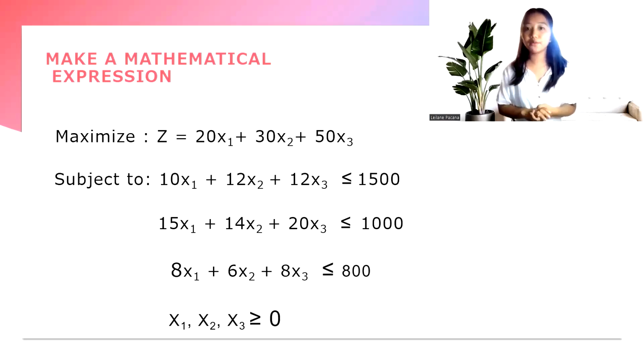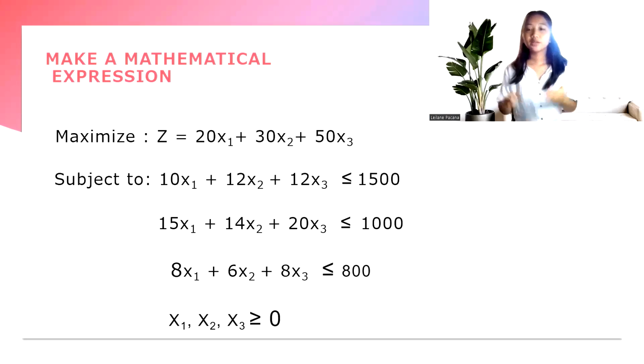This is for our second department, which is the cutting department. Now for our third, 8x sub 1 plus 6x sub 2 plus 8x sub 3 is less than or equal to 800. As you can see, on our right-hand side are the number of minutes allotted for those departments, and on our left-hand side are our constants.